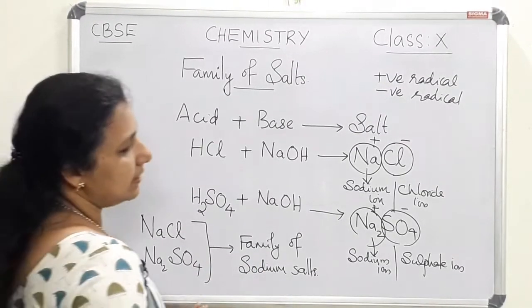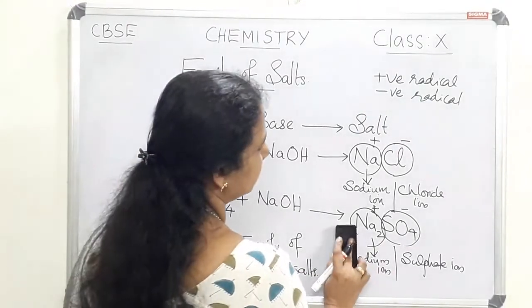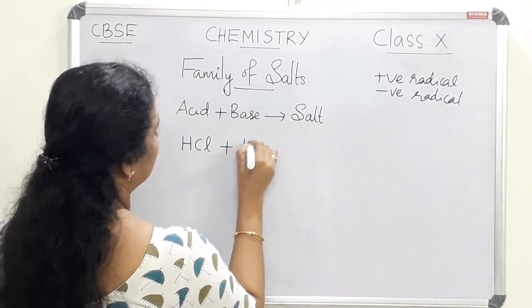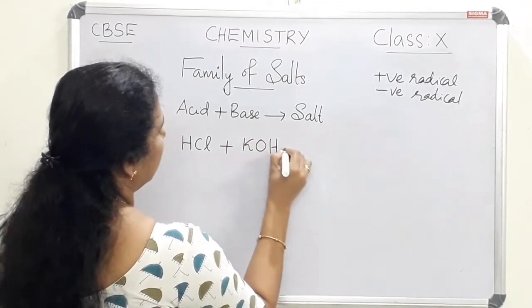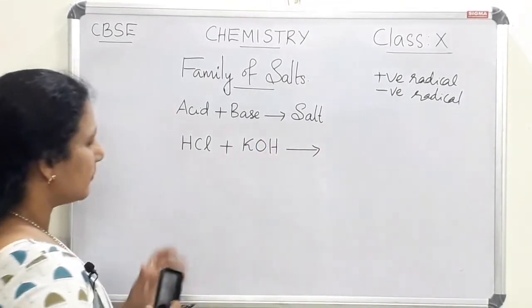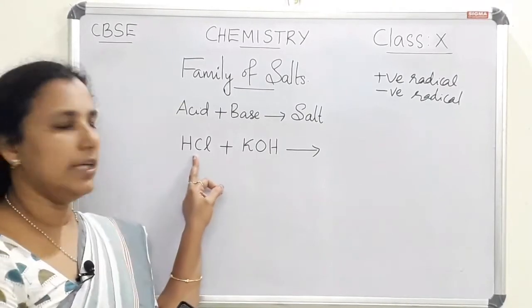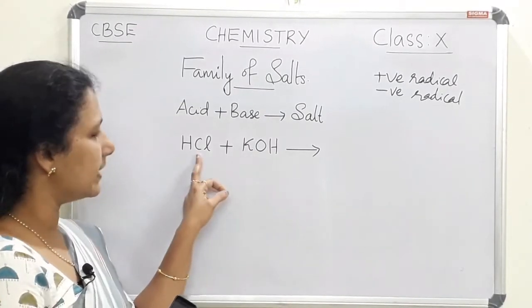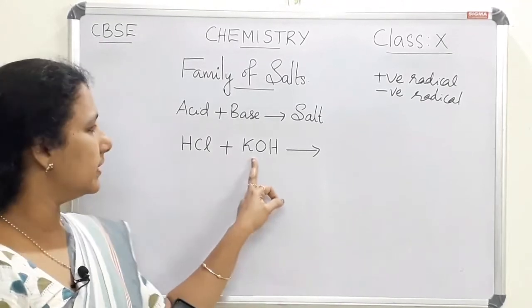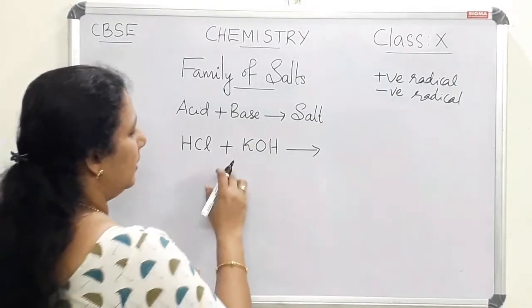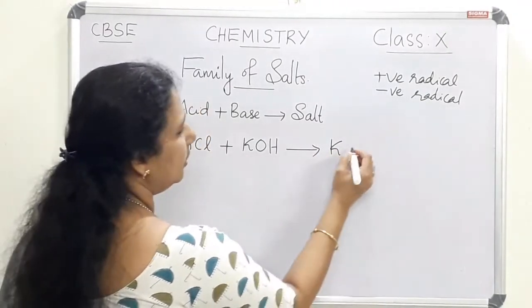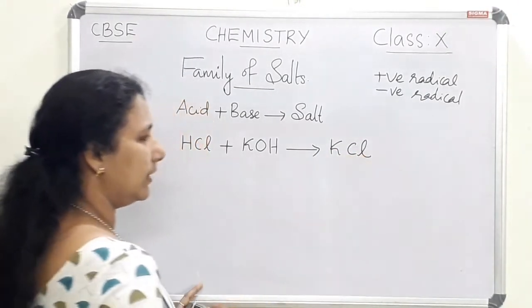Now let us take another example. Here we have taken hydrochloric acid and potassium hydroxide. HCl is the acid and KOH is the base taken. This produces the corresponding salt, potassium chloride.